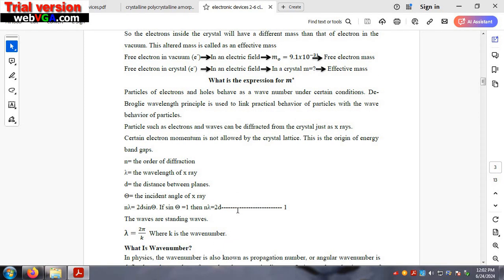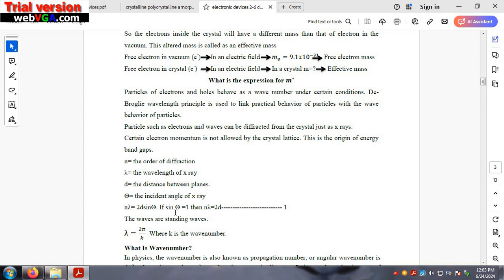The origin of the energy band gaps: if we consider n as the order of diffraction, lambda the wavelength of X-ray, d the distance between planes, and theta the incident angle of X-ray, then n lambda equals 2d sin theta.